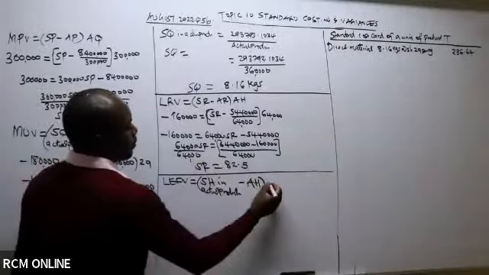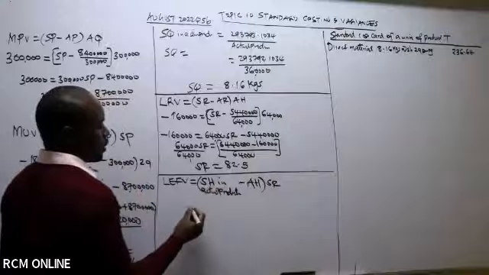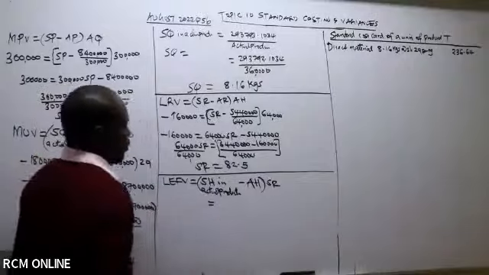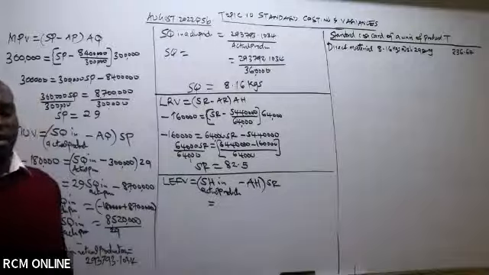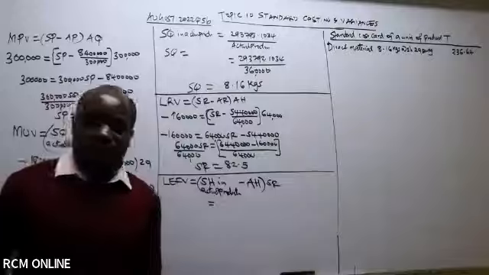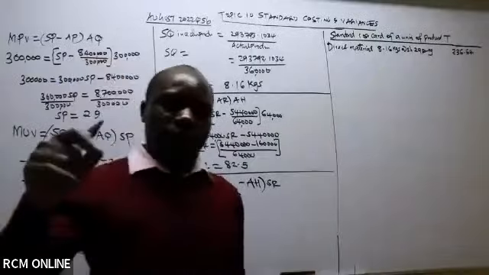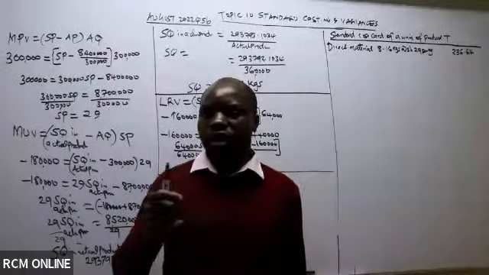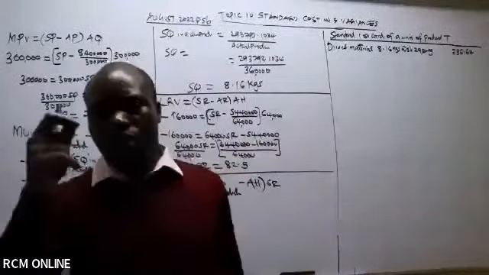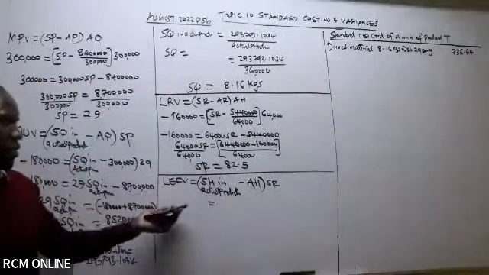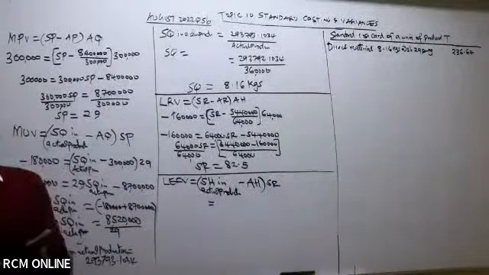That was the formula. How effective are you at utilizing your labor? Look at the question first of all and tell us whether you have been given the labor efficiency variance. If yes, please post it down there. And the sign matters. Is it adverse or favorable?